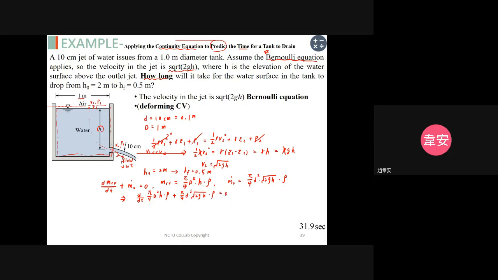And then we just cancel out the rho and the constant value 4 over pi.